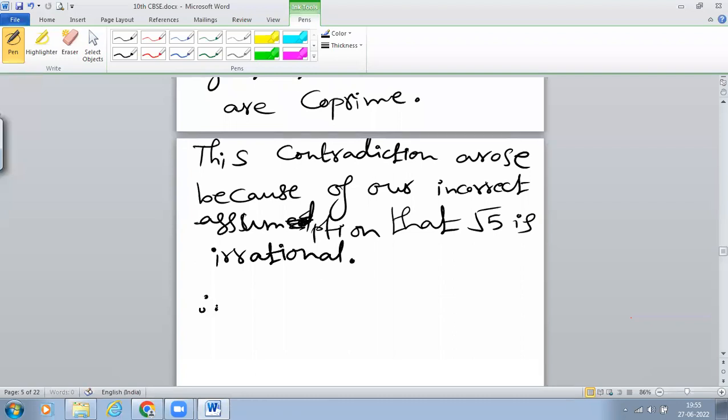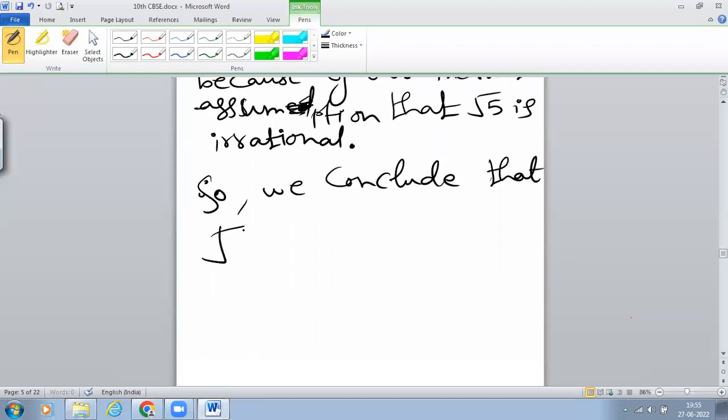Therefore, we conclude that root 5 is irrational, because we are admitting that we have made a mistake in our assumption.